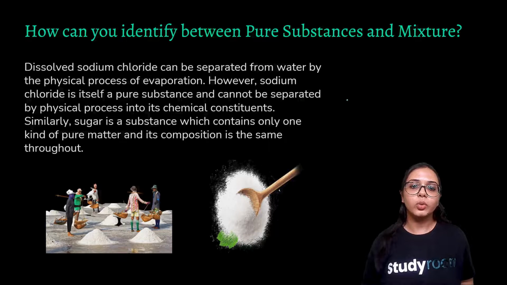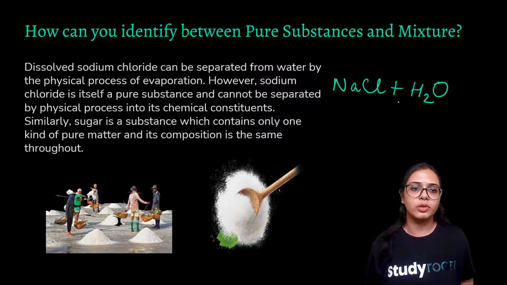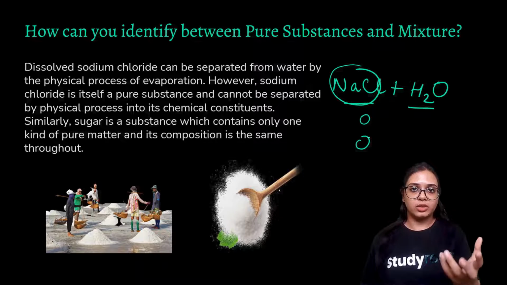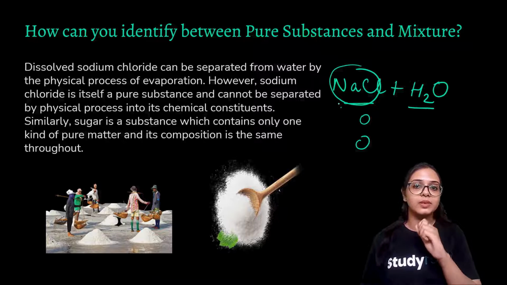If you were to have a look at salted water, dissolved sodium chloride in water, this is basically a salt solution. You can get water and salt from this salt solution, but from one grain of salt, or for example from one grain of sugar, it will be difficult to break, because these substances are basically bonded by chemical bonds.